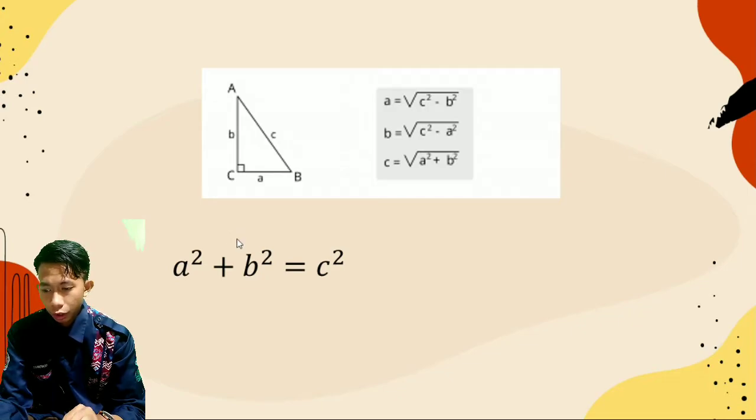Now that we know the various parts of the Pythagorean theorem, let's think about what the equation A squared plus B squared equals C squared is really telling us.